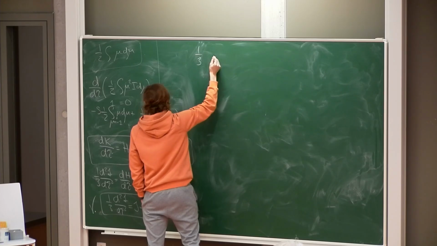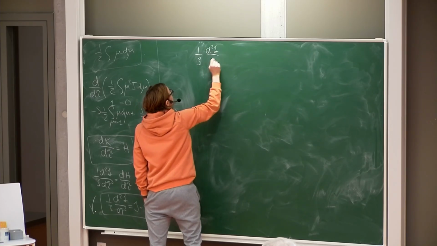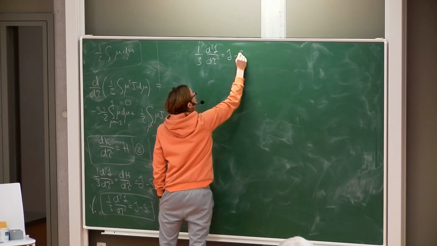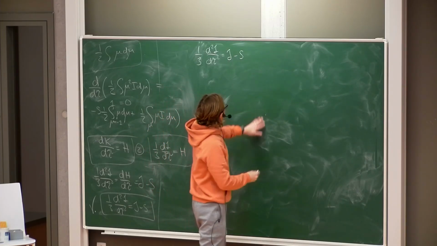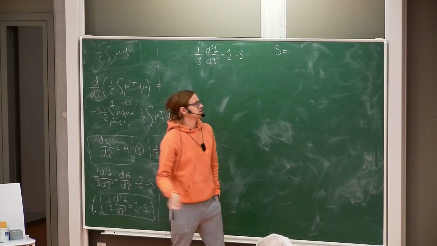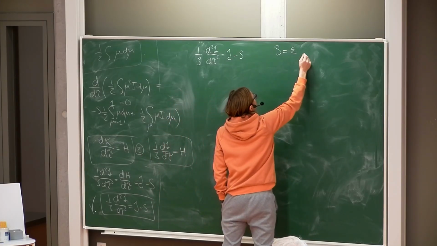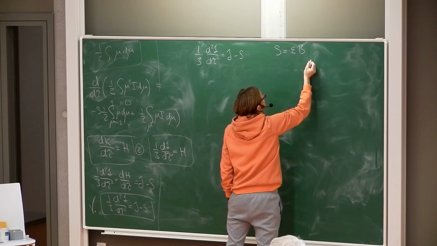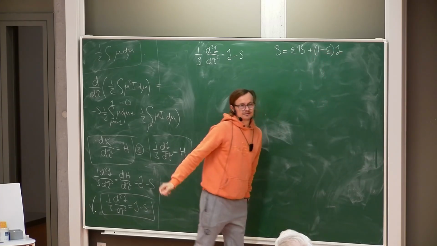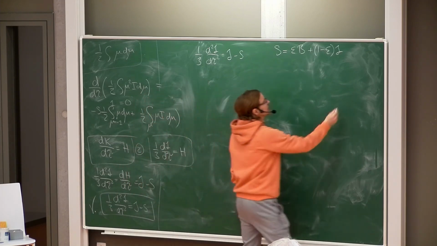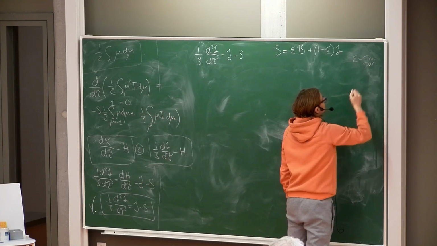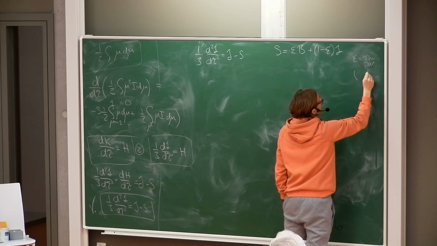1/3 d²J/dτ² equals J minus S. But it's interesting to note that if we take our source function as a thermal plus scattering component, epsilon B plus (1 minus epsilon) J, where epsilon was our thermalization parameter, which is essentially your alpha.